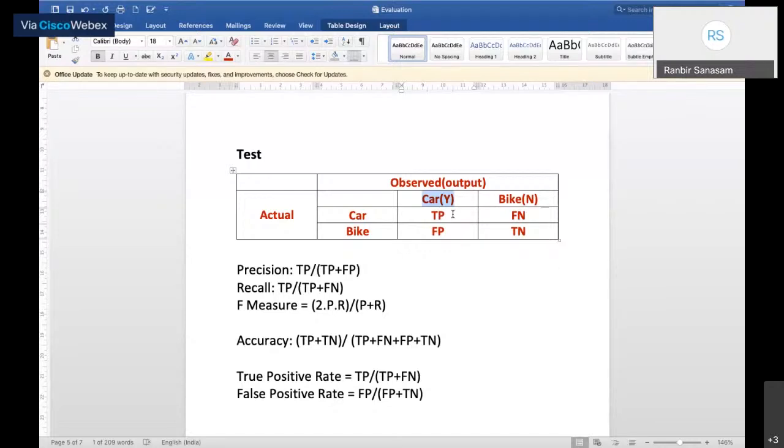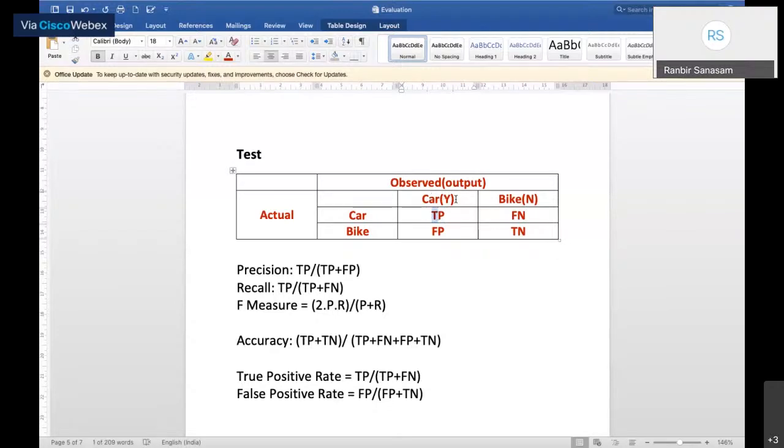So what is true positive? True positive is the number of those test examples that are classified as yes, that are classified as car, and they are actually car. That means they are predicted as positive, that means car, and it is actually true.